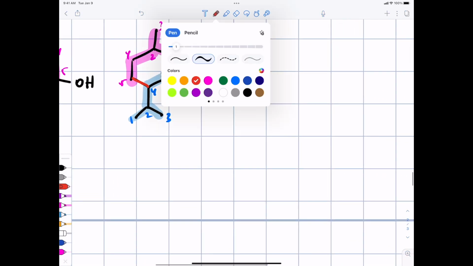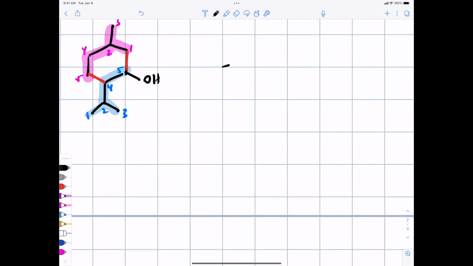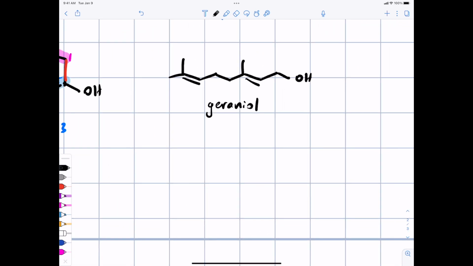Let's do a couple of others. This is geraniol. It's from rose oil. Identifying the isoprene units here, again, 2 is where the branching methyl groups are.